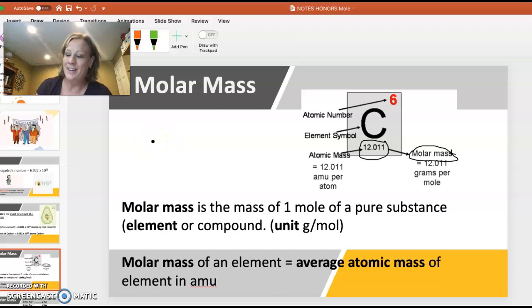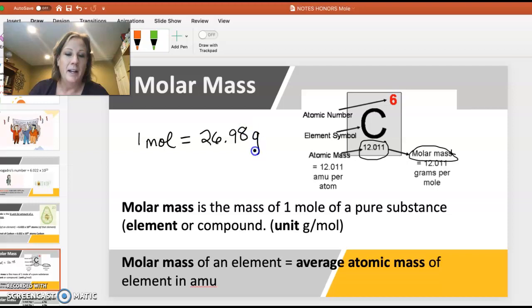So 1 mole of aluminum, I said you have to get this for me or you can't leave the building. It's so important. Then you would go to my storeroom, grab some aluminum, get a balance, and mass out 26.98 grams.